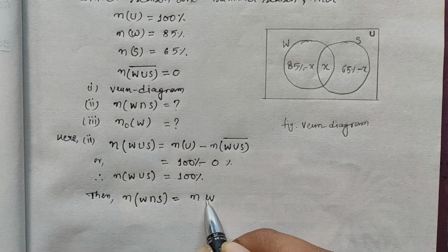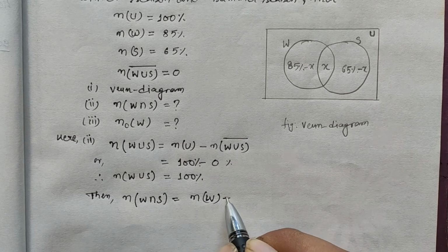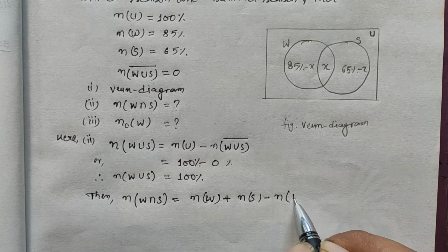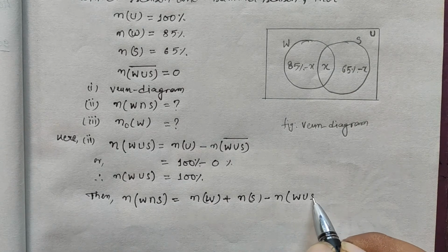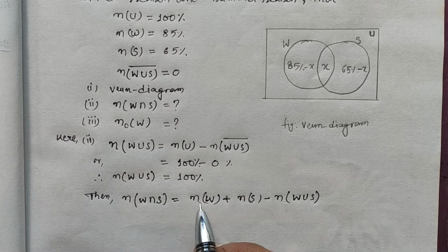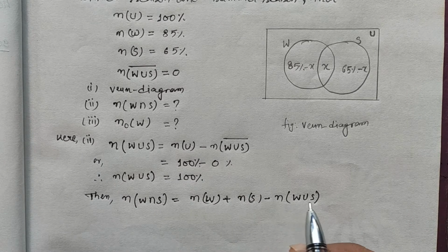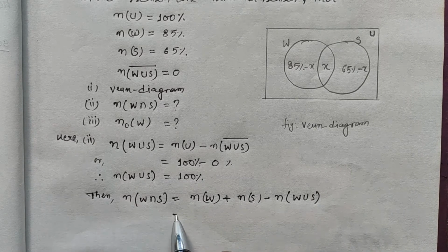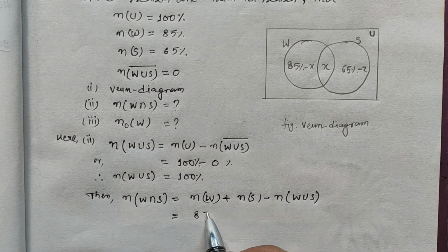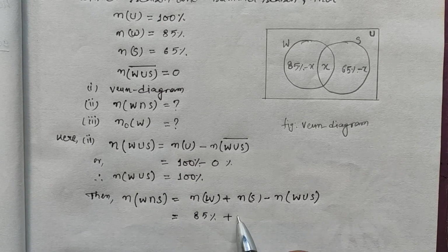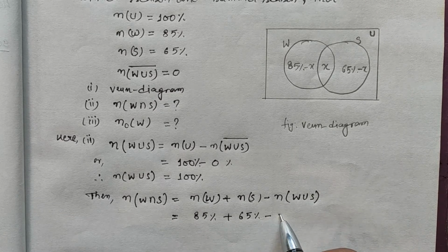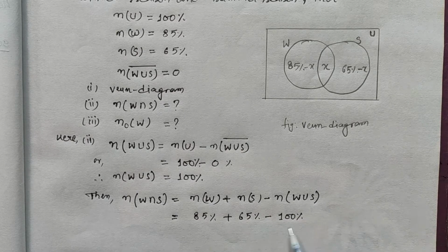It is n(W) plus n(S) minus n(W union S). Yeah, because we have the formula for A intersection B: n(A) plus n(B) minus n(A union B). So from that formula it is derived, and we can write it directly. 85% plus 65% minus this one, 100%.